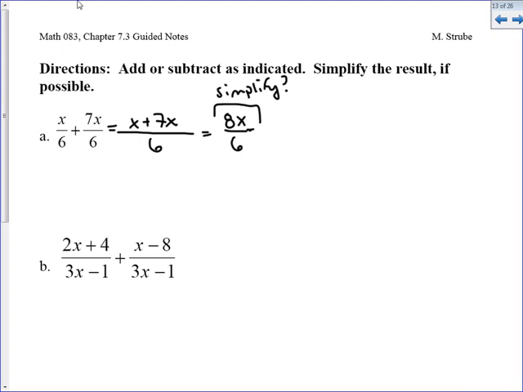Put a question mark, because you can't always. Can I simplify 8x over 6? I can divide them both by 2. These are monomials, which means I can just look for a common factor to each term. So I can divide both 8 and 6 by 2. So I get 4x over 3.